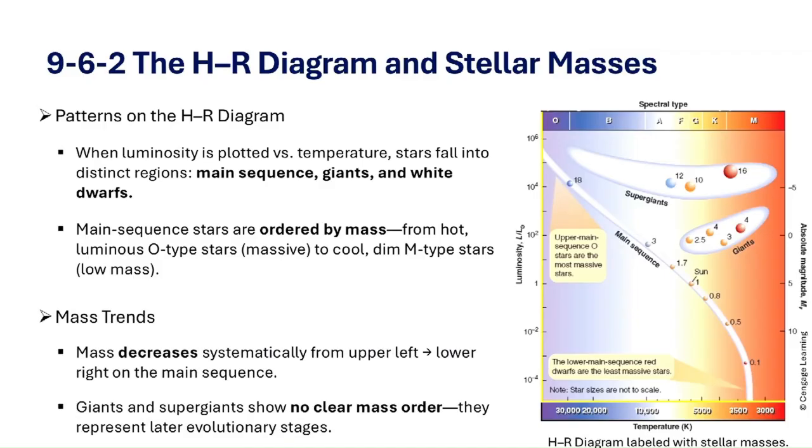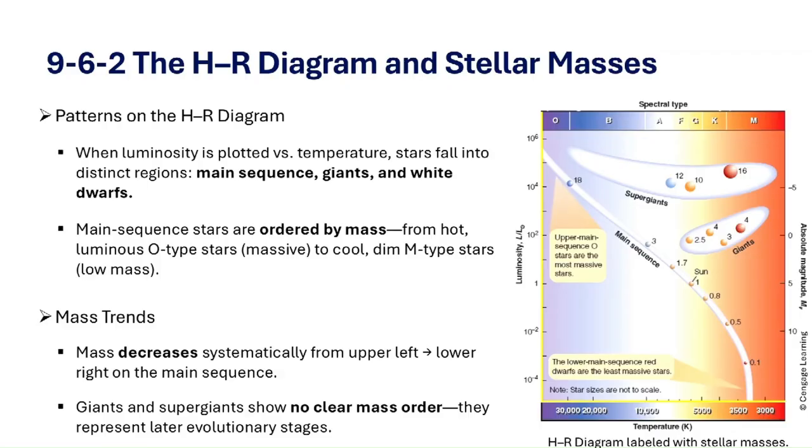But stars that have evolved off the main sequence, such as giants and supergiants, do not follow this neat order, and their masses are more scattered. Some supergiants are very massive, while other giants are less so. So in general, these stars represent a later stage of evolution, and their brightness or size no longer directly indicates their mass.